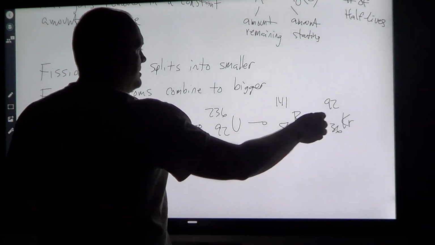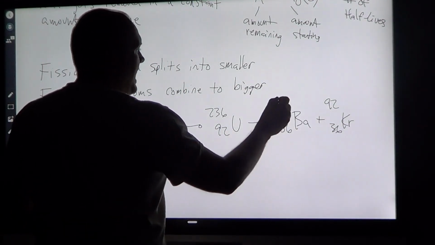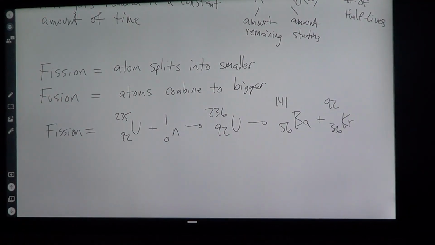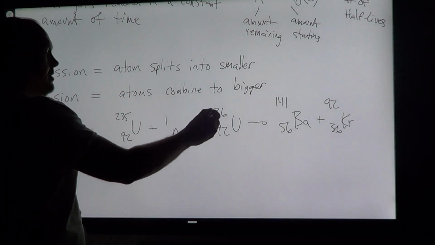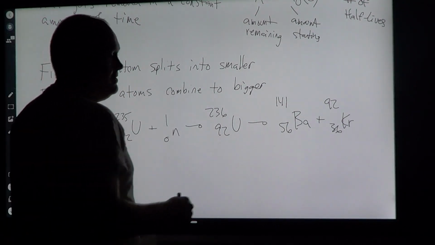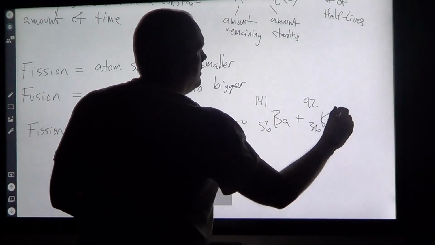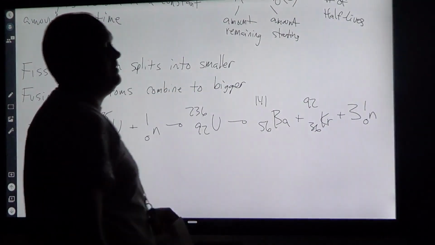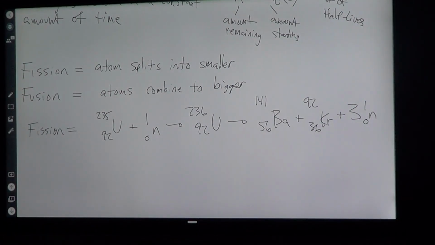We have all the protons accounted for. But that number plus that number is only 233. And we started with 236. So we are missing 3 objects that have no protons but a mass of 1.